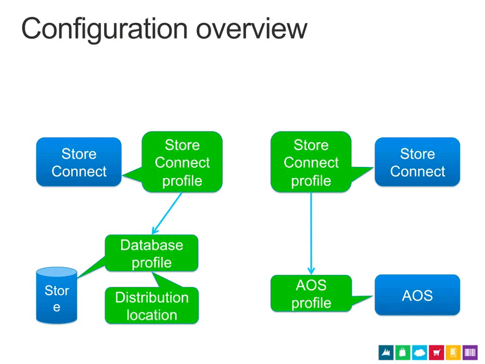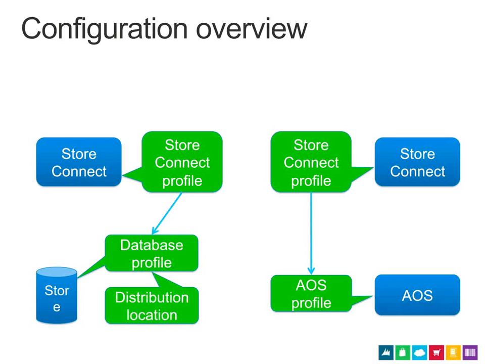You set up an AOS profile for your AX instance. If you have multiple Store Connects running, to spread out the load, you can configure multiple profiles and, for example, point them to different instances of the AOS. And then the same thing, this AOS profile has this Store Connect profile attached to it.